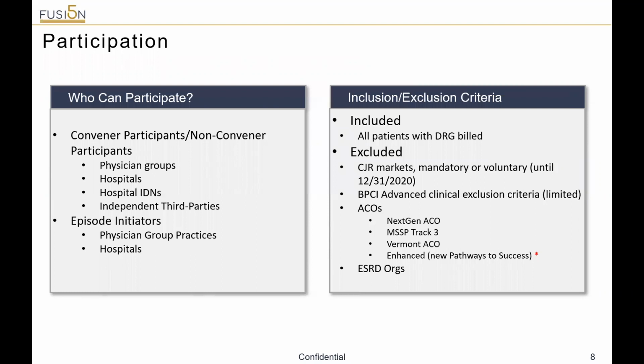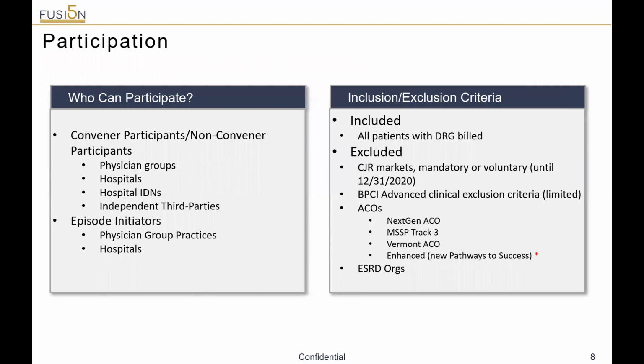But one of them is ESRD organizations. There are a couple of those, but again, ESRD patients with a clinical designation of ESRD are excluded anyway. The ACOs that exclude beneficiaries from BPCI Advanced are those that are aligned with next-gen ACOs. That is a waning program that will terminate, I believe, sometime in 2020.